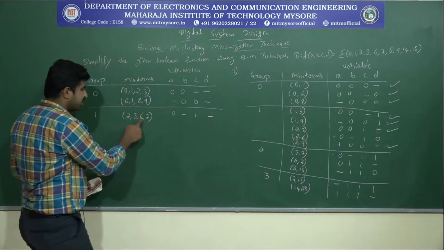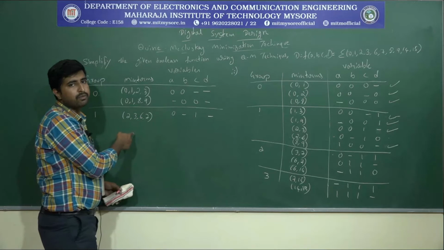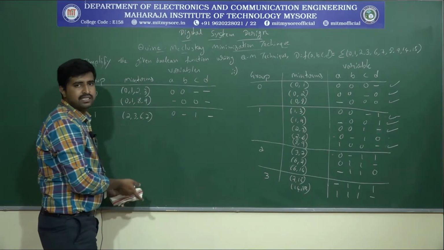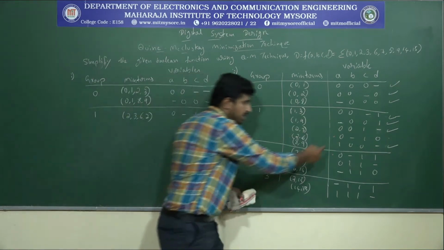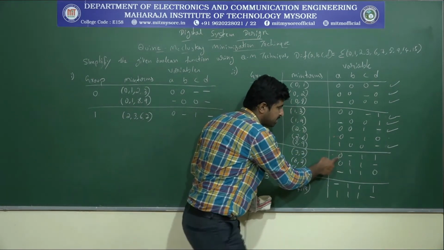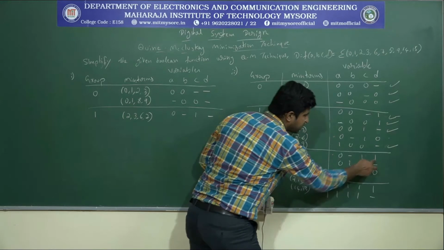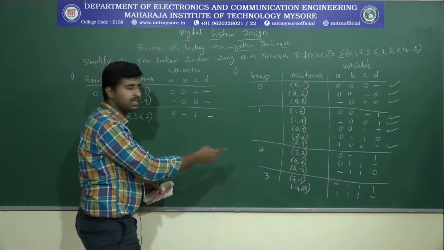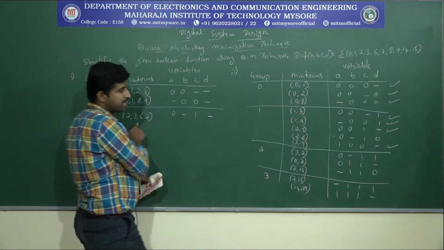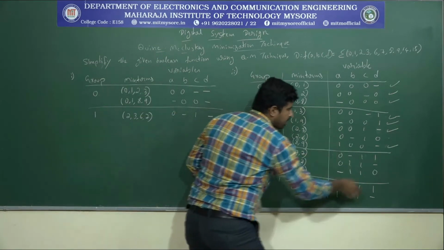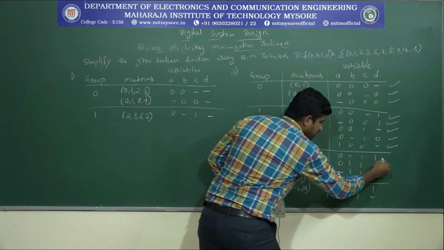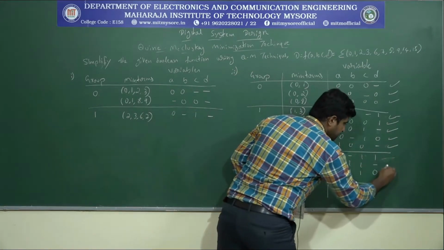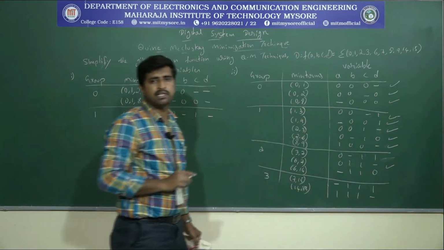But 2, 6, 3, 7 is already grouped; these minterms already appear here, so no need to consider it. Even in the variable form it would be the same, 0, dash, 1, dash, which is already there. There is no need to consider it one more time, but we need to tick mark what is covered. Sorry, 6, 7 is covered. Let's tick mark that one.